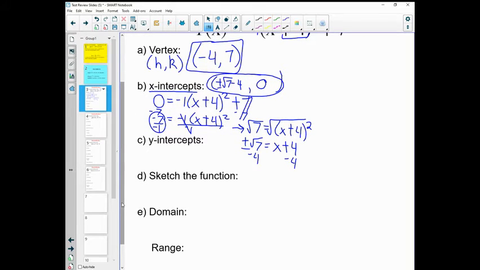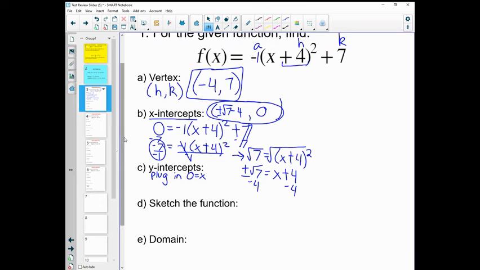Sliding on down, let's do the y-intercept. The y-intercept we find by plugging in 0 for the x. So back up here to the top, I'm going to take my function and evaluate it at 0. -1 times 0 plus 4 squared plus 7. 4 plus 0 is 4, and 4 squared is 16. -16 plus 7 is -9.